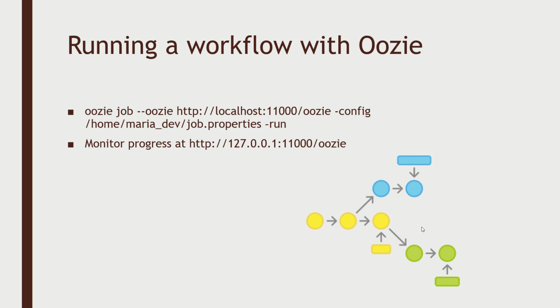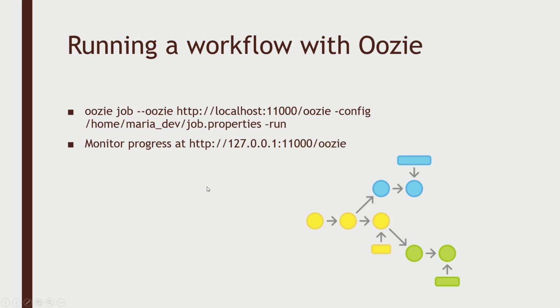To actually run it, you just go to your master node in your cluster, whatever that might be, and type in oozie job -oozie with a parameter to where you want to run the Oozie console, and -config to wherever the job.properties file is that you want to set up your job from, -run. And remember, the actual directory in HDFS where the Oozie workflow.xml file is stored is within your job.properties file, and that will just kick it off.